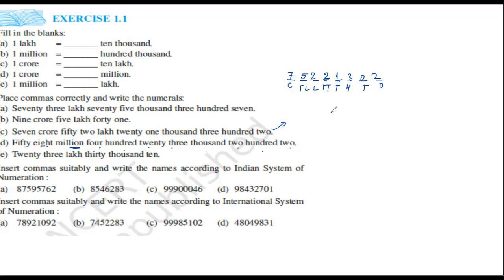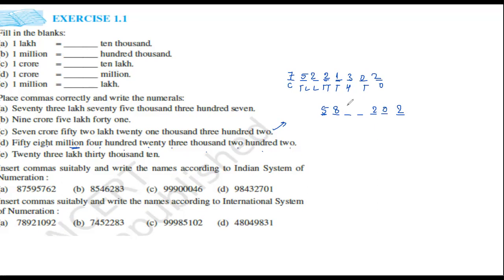58,423,202. Okay. Now here, because he is using million, right? So I know that in million there will be 6 digits after our first place, right? So I'll start writing in this way: 58 million. 423,202. So 202 obviously will come here.